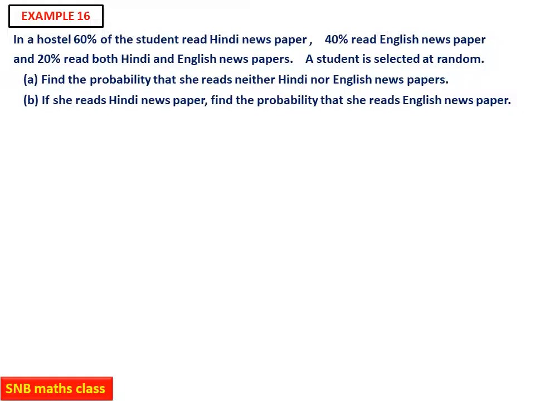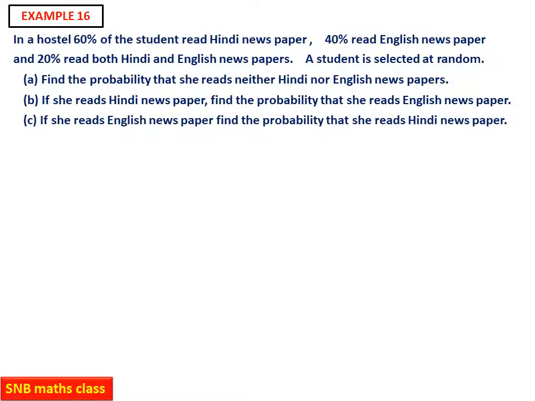Second one, if she reads Hindi newspaper, find the probability that she reads English newspaper. And the third one, C, if she reads English newspaper, find the probability that she reads Hindi newspaper. If you can do B, definitely you can do C also. So let us solve it.